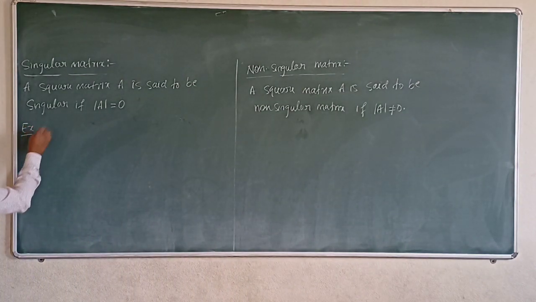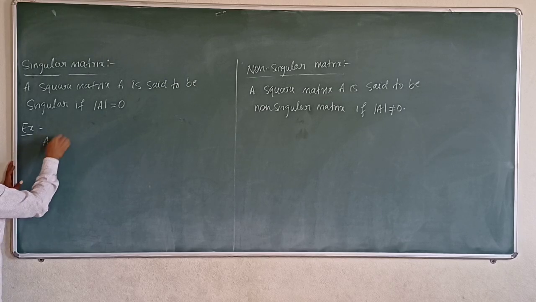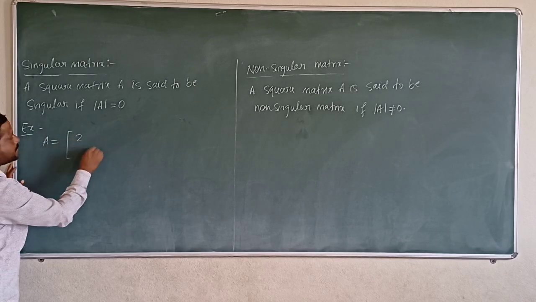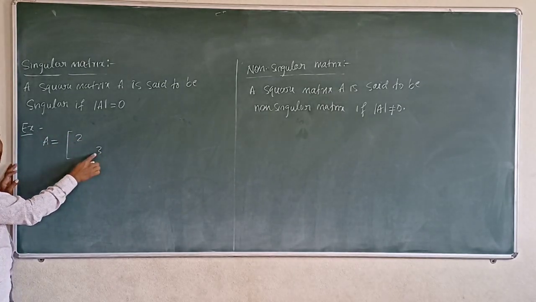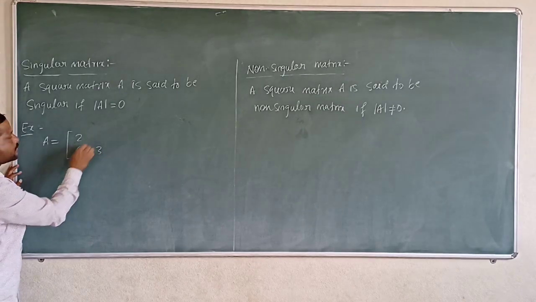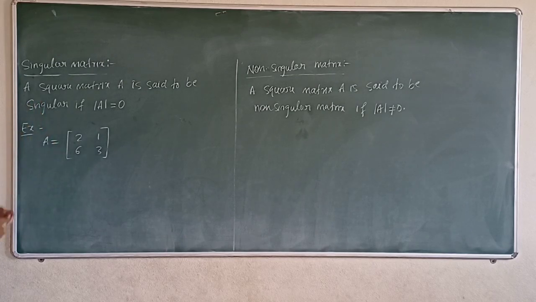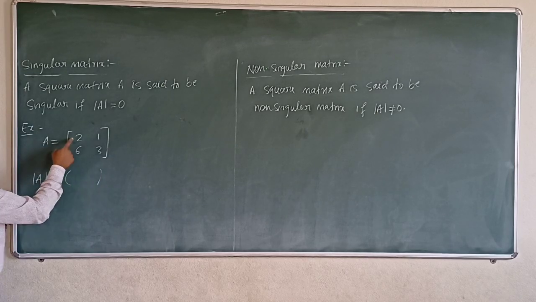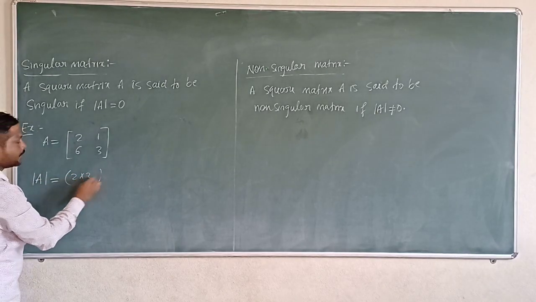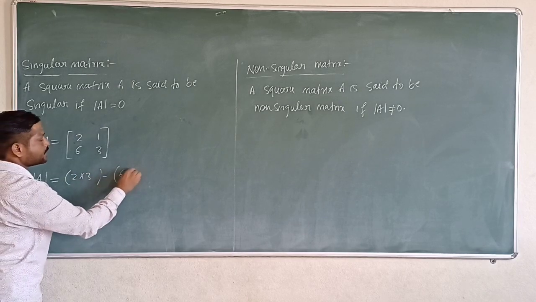Take up an example here. The matrix A is equal to 2 3s are 6, next this 6 one. Now which matrix is this? Singular matrix. Now take its determinant here. Determinant of A is equal to 2 into 3 minus 6 into 1.